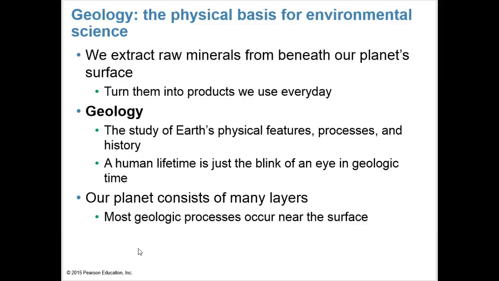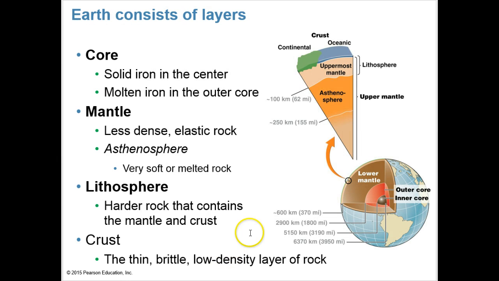Our planet consists of many layers, and most geologic processes occur near the surface. But if we were to go down further into the earth, we'd find in the middle the core. It's a solid iron center of our earth, and there's molten iron in the outer core, meaning it's flowing and liquid-like.